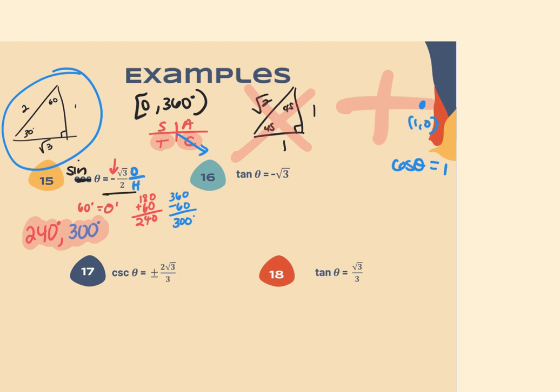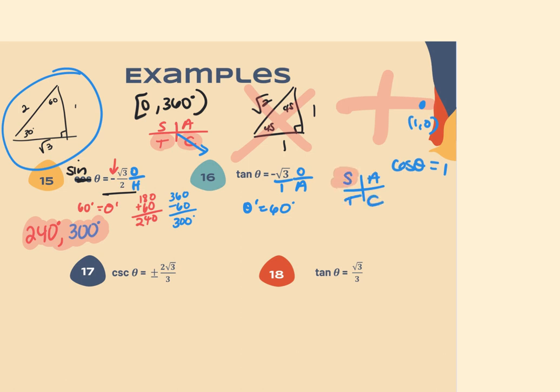All right, so look at 16. 16 says tangent is negative root 3. So tangent would be opposite over adjacent. Technically, there's a 1 in the bottom there. Which angle has a side that's opposite root 3 and adjacent 1? 60 degrees. So again, my reference angle is 60 degrees. But now I need to know where tangent is negative, which happens where?